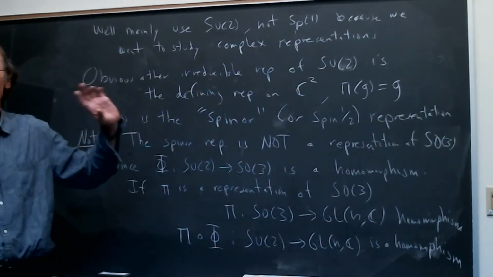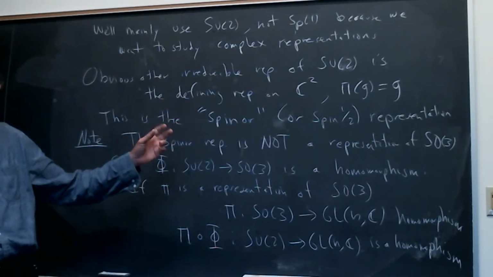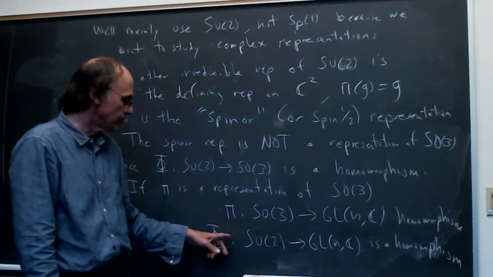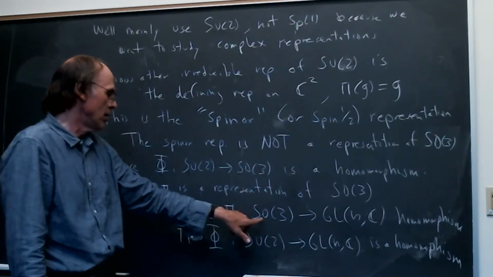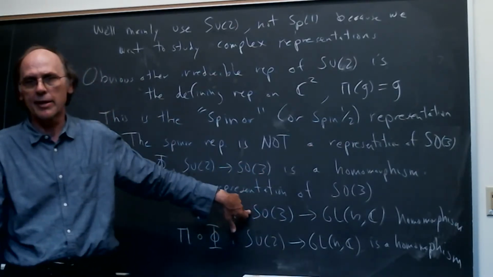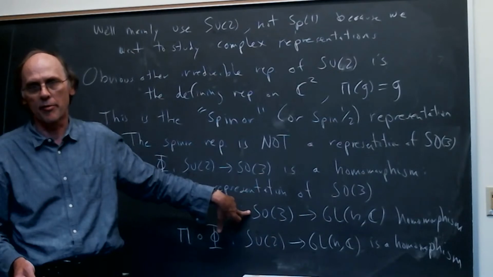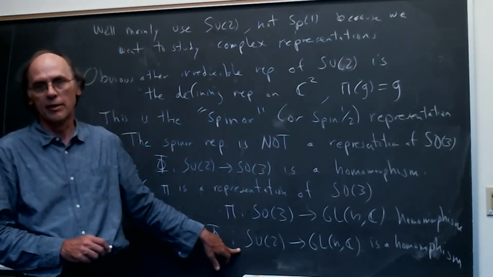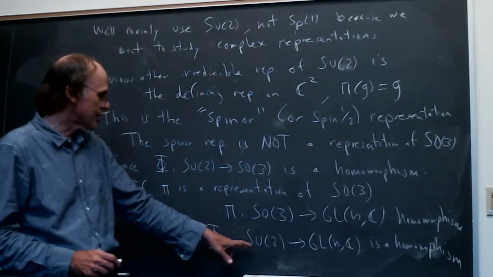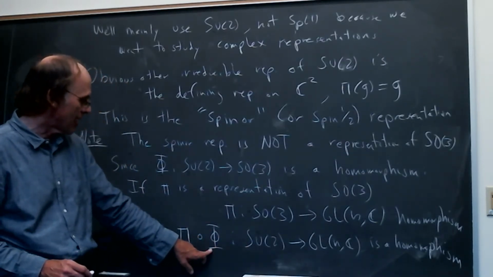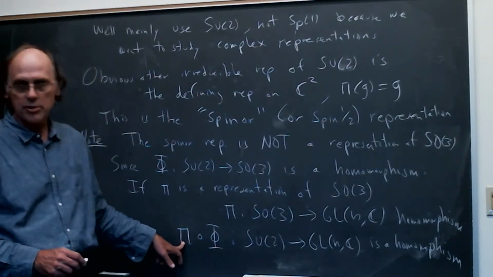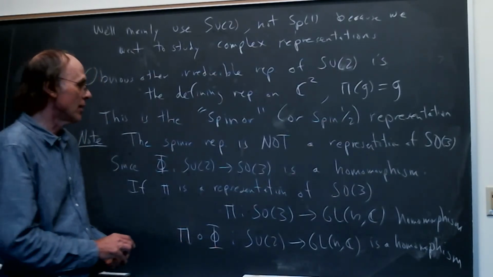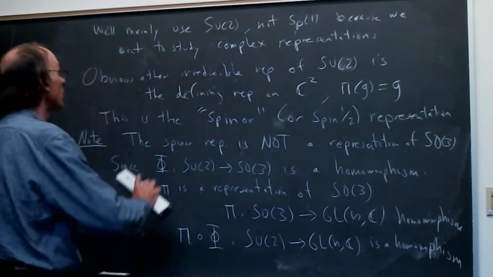Okay. So on very abstract grounds, if you have a representation of SO3, then it's going to be a representation of the double cover. To get the representation of the double cover, you basically map down to SO3 and then use the representation of SO3. So the bottom line is this.